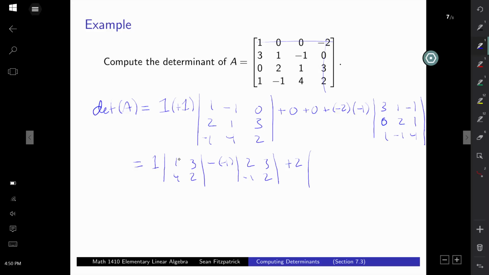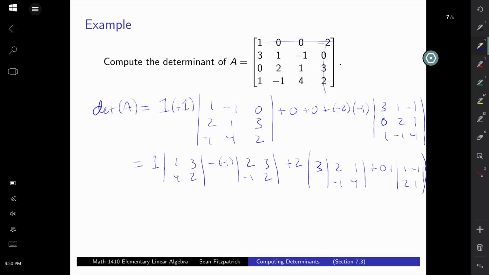So for the second one, I'm going to expand along the first column. 3 times 2, 1, minus 1, 4, plus 0, plus 1, minus 1, 2, 1. Okay, all right. Those came from the 1, 1 and the 1, 3 positions. Both of those get plus signs.